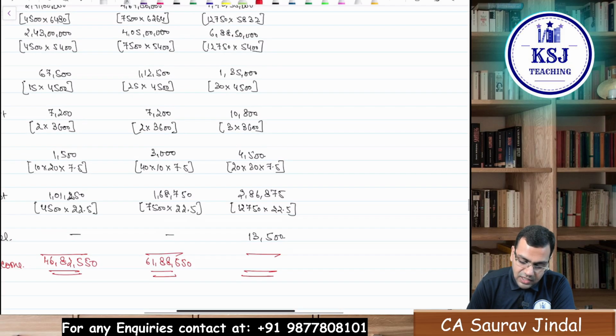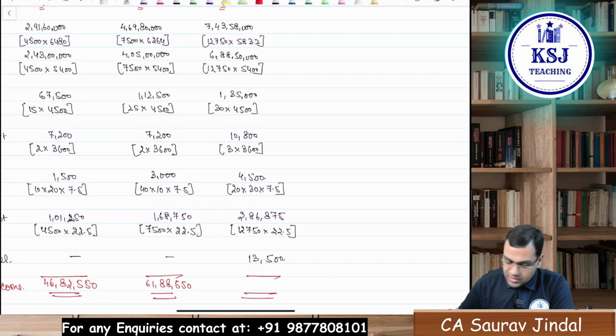Now let's calculate for customer E. 7 crore 43 lakhs 58,000 minus 6 crore 88 lakh 50,000 minus 1,35,000 minus 10,800 minus 4,500 minus 2,86,875 minus 13,500.